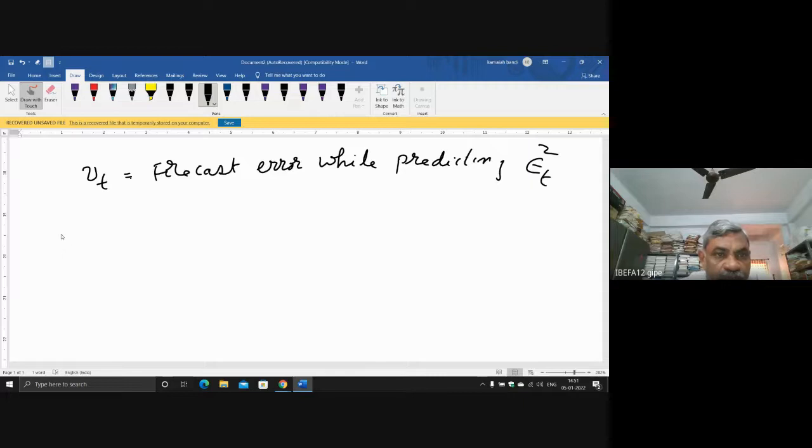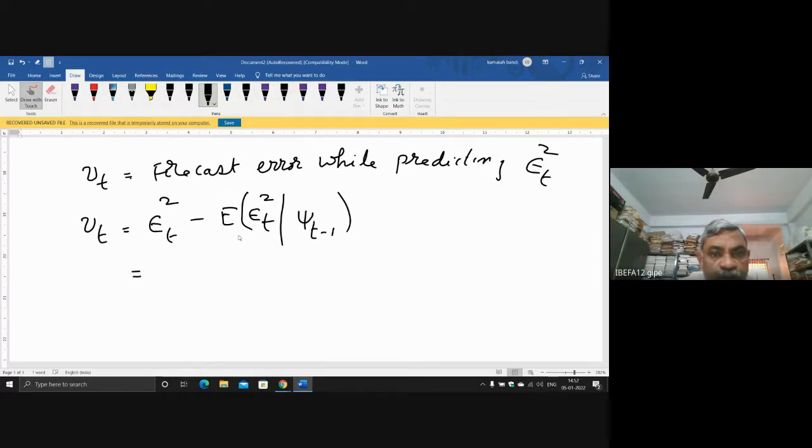So Vt should be equal to epsilon t square, because this is the actual, minus its expected value, that is, expectation of epsilon t square conditional upon the information set.